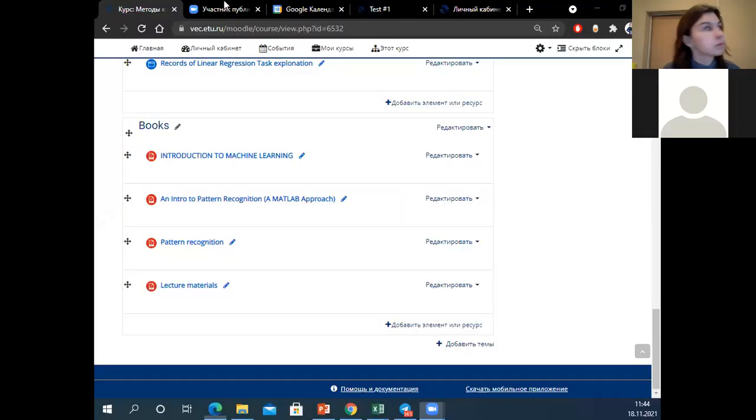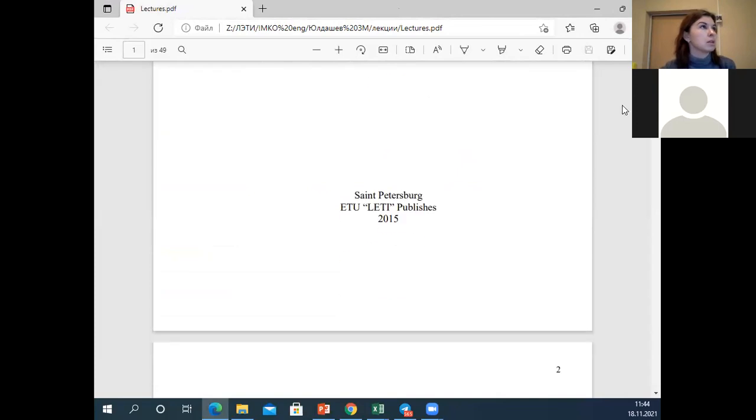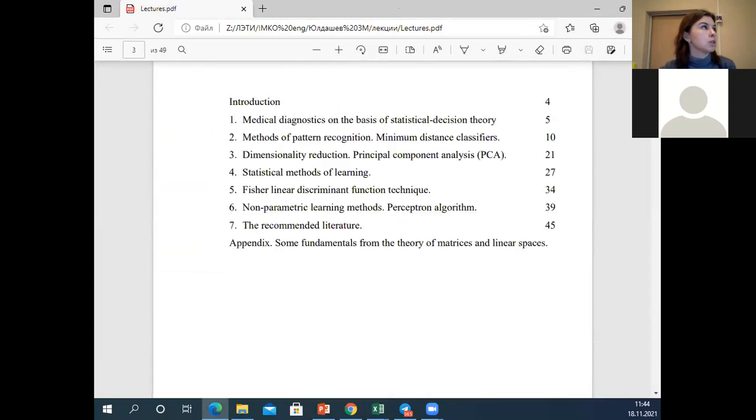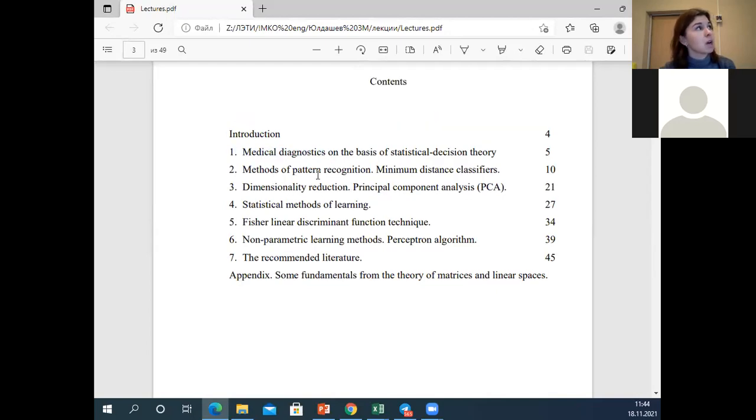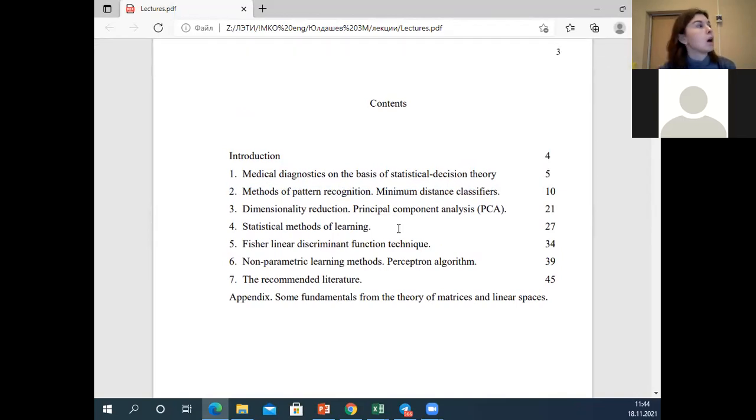I will show it one more time here. If you didn't see it before, in methods of processing you will find general information about medical diagnostics, methods of pattern recognition and minimum distance classifier, which we will discuss today.